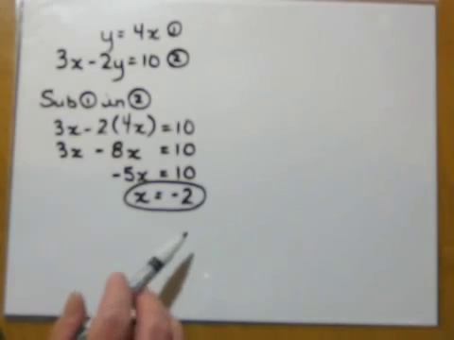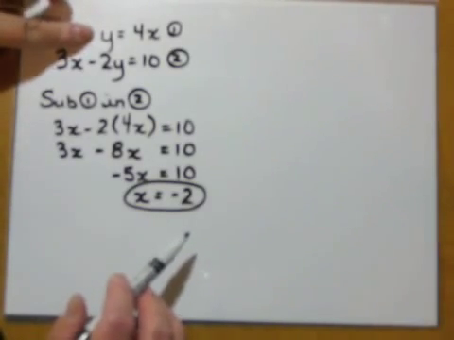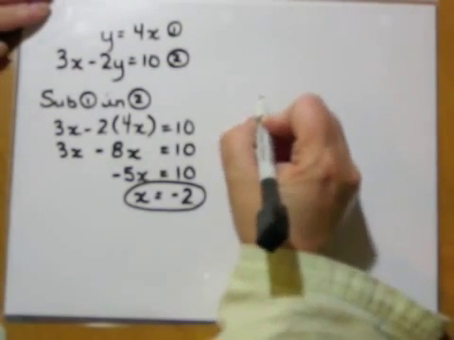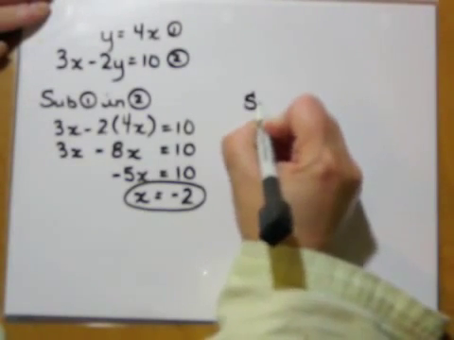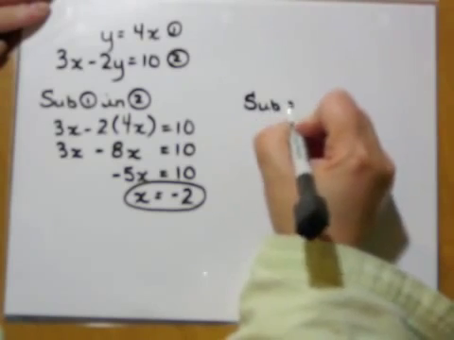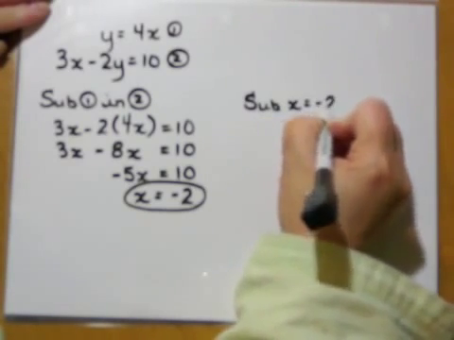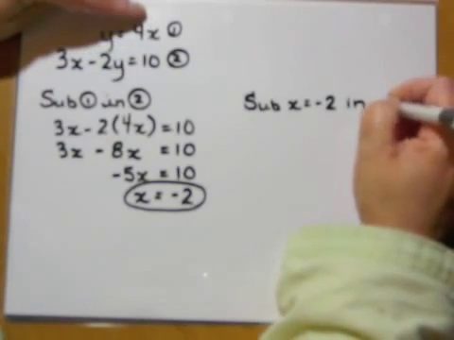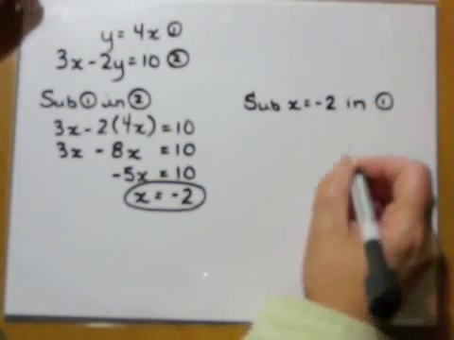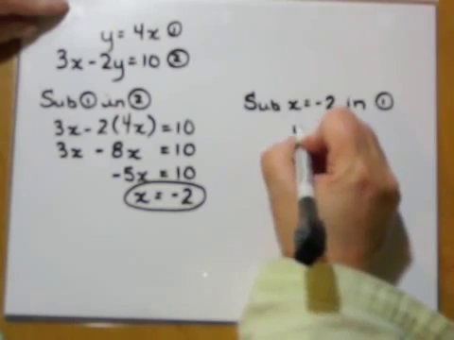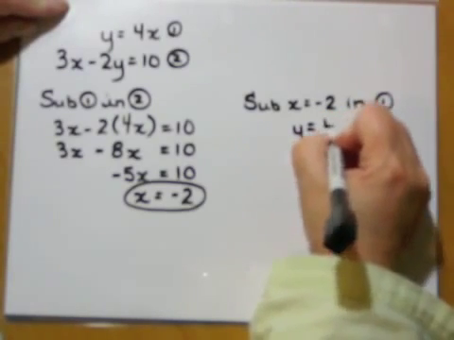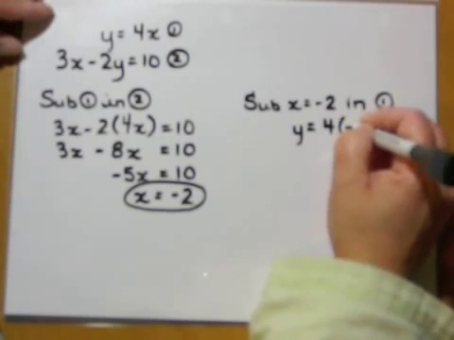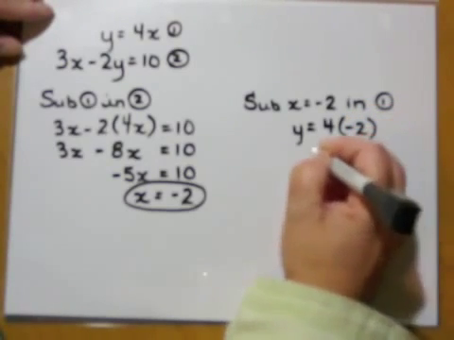Now to do that, I'm going to put it back in this equation 1, because this tells me that y equals 4 times x, so that should be pretty easy. And for communication, I'm going to say sub x equals negative 2 in, we're going to put it into equation 1. And that tells us that y equals 4 times, but we know what x is, so we're not going to put the x in. We're going to put in what we know x to be, which is negative 2.